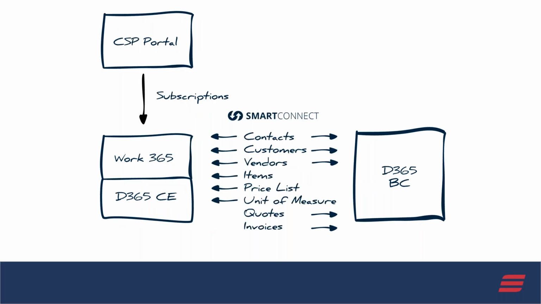So when you talk about synchronizing your invoices and your billing to Business Central, you're not just doing that one part. You need all the supporting records along with it. We need our customers, our vendors, and our items. If you're doing items, we need the price list, the unit of measures, and the actual pricing information as well, to ensure that your prices match between what's coming across from your CSP portal, ending up in Dynamics 365, and what you want to see in Business Central at the end of the day.